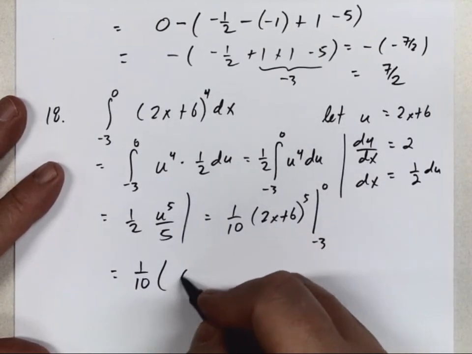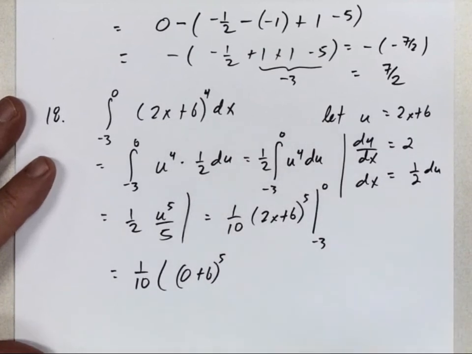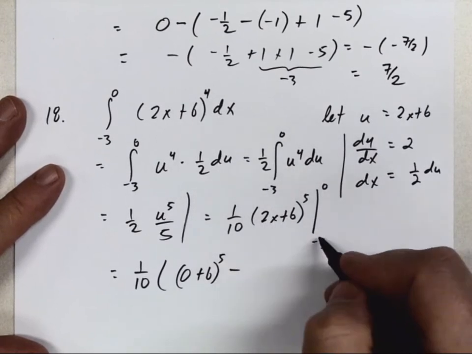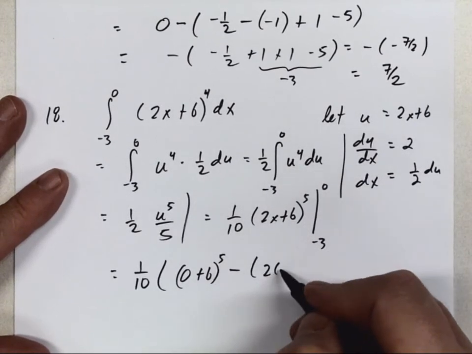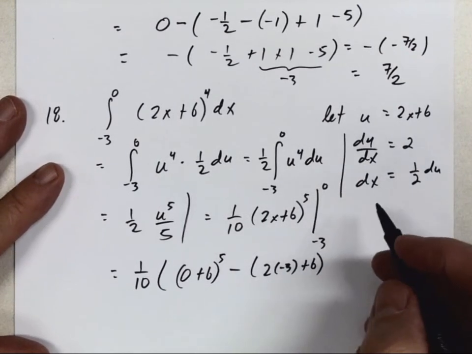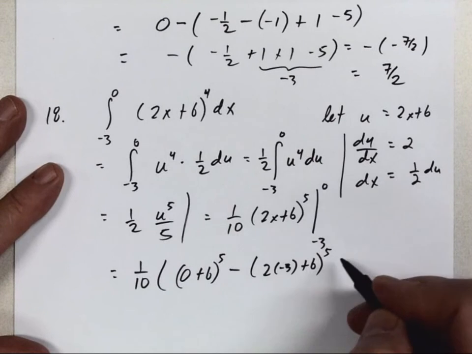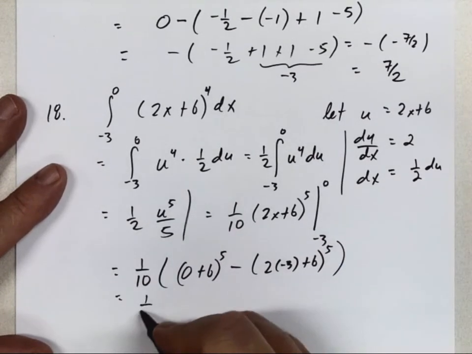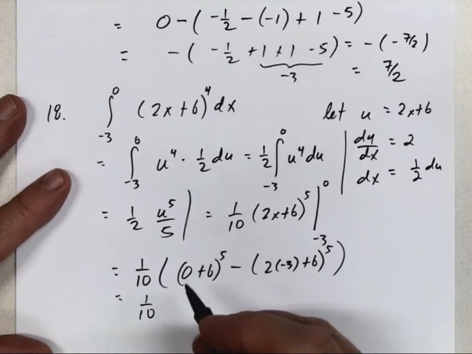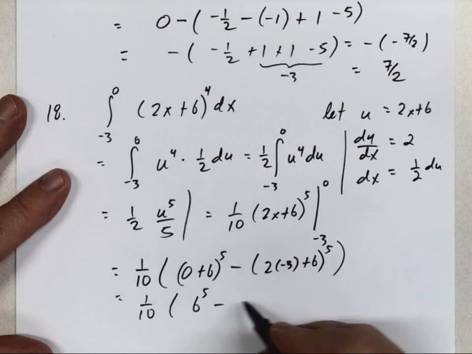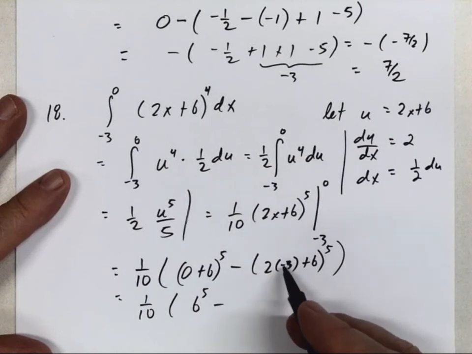So it ends up being 0 plus 6 raised to the 5th power minus, when I plug in minus 3 for x, 2 times negative 3 is negative 6.